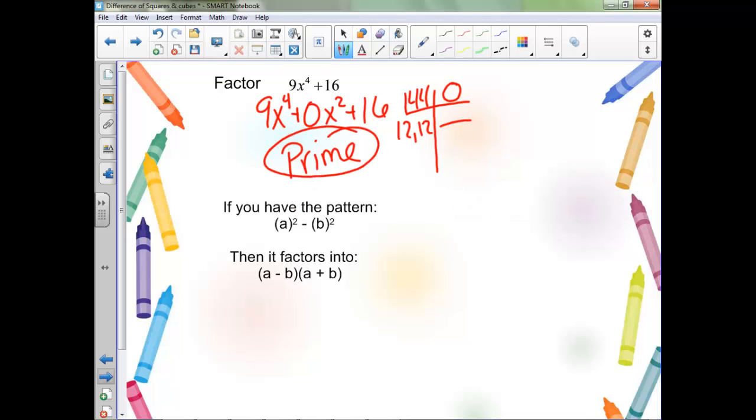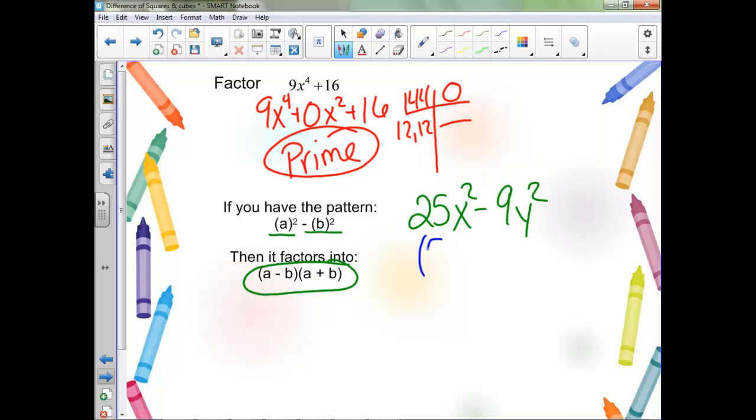And so, if we have a pattern where it's something squared minus something squared, you can just factor it straight into using this pattern. So, for example, if we have 25x squared minus 9y squared, notice this is the same thing as 5x quantity squared minus 3y quantity squared.